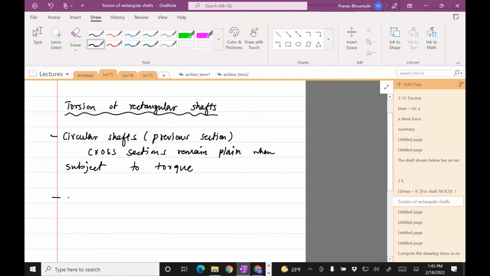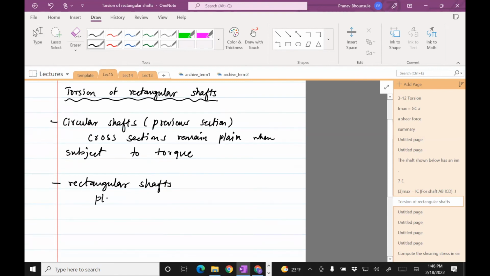But with rectangular sections, that's not true. Plane sections do not remain plane.